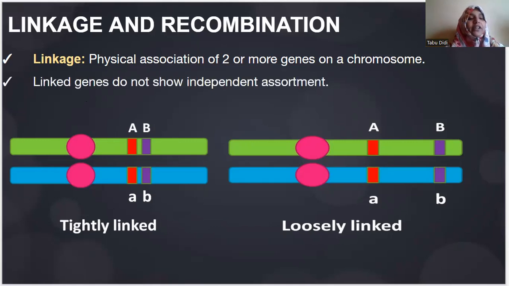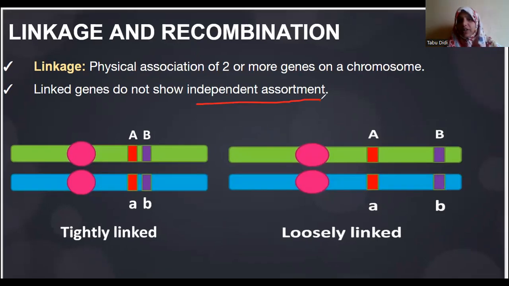Now when we talk about linked genes, Mendel's independent assortment will not apply here. In the law of independent assortment, we saw that the genes were independent from one another. For example, A was independent and could combine with any of the alleles of the other parent.